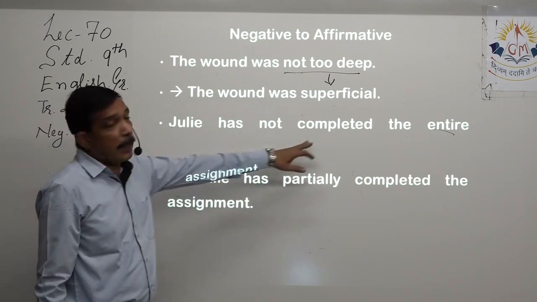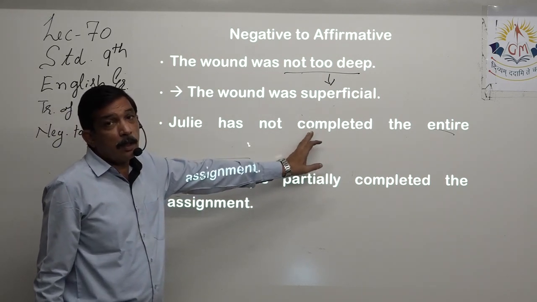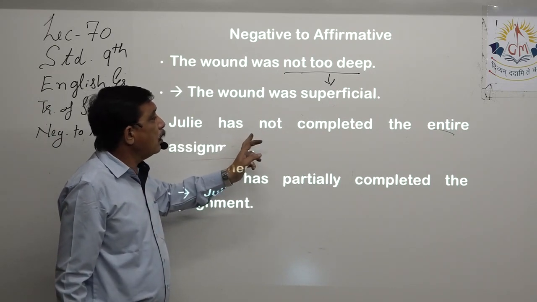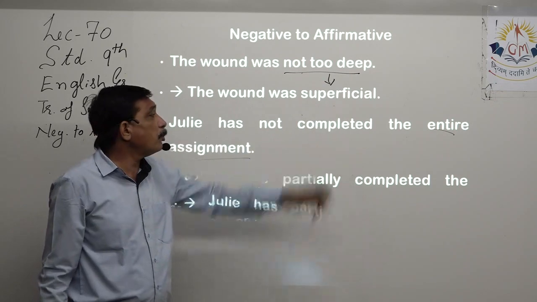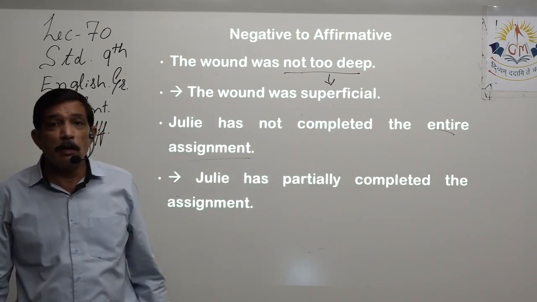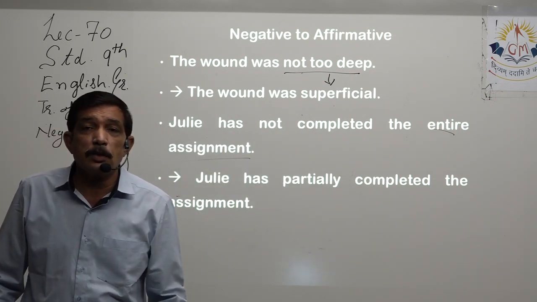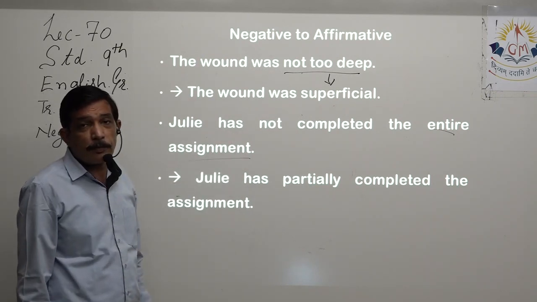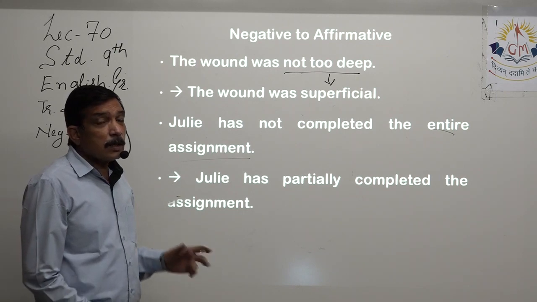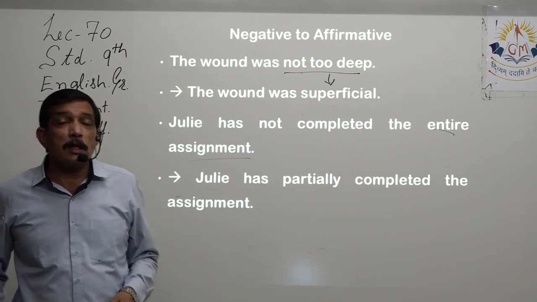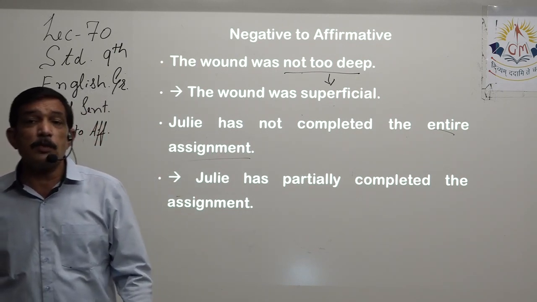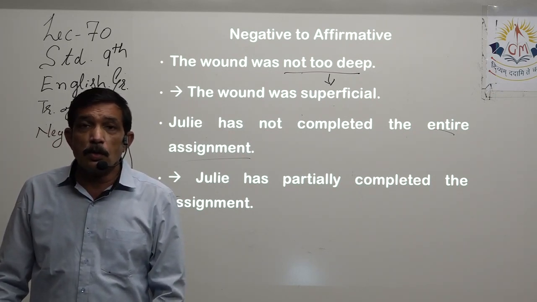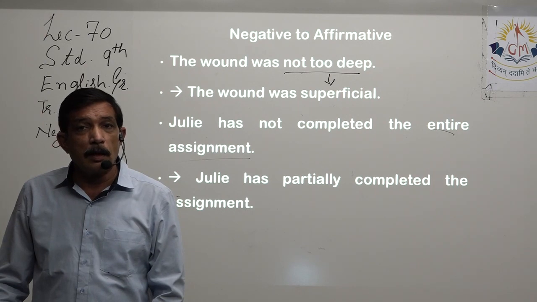Because of completed, you cannot say Julie has not been able to complete the entire assignment, right? Unable, Julie was unable to. You change lots of grammar. Has becomes was. So lots of grammar also changes along with it. Sometimes we don't understand the grammar that we are changing. You have changed the whole tense.